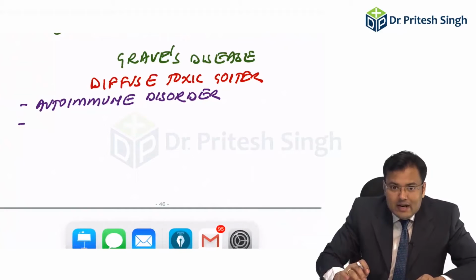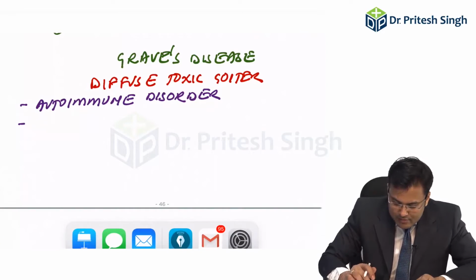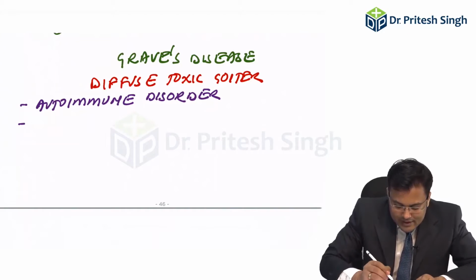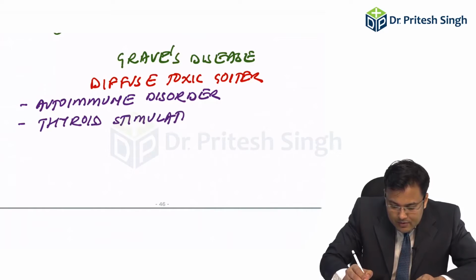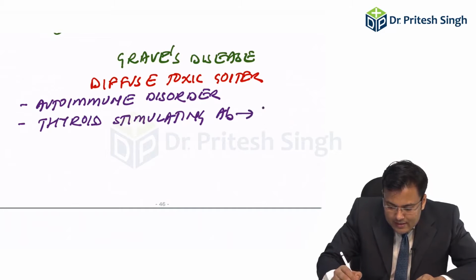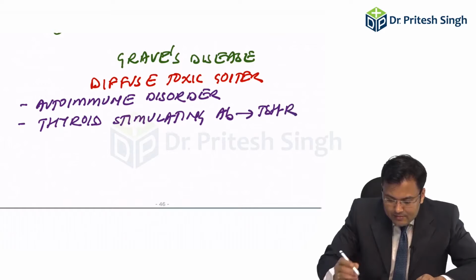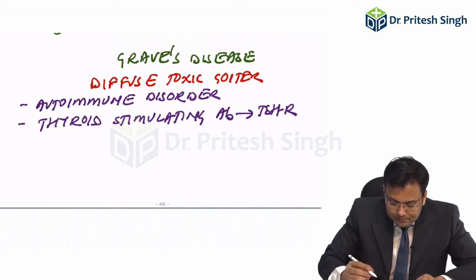So it is characterized by autoantibodies against the TSH receptor. So there is thyroid stimulating autoantibody against TSH receptor. Now have a look.